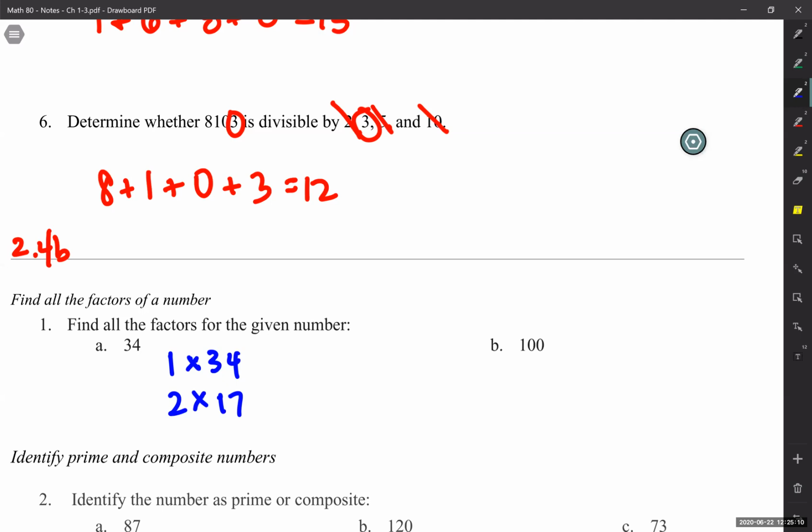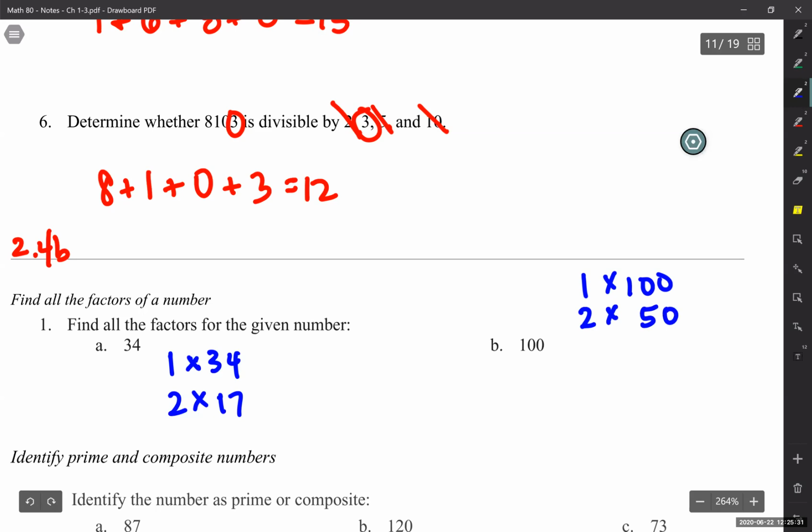All right, so then I have 100, and 100 is good because we know a lot of those already just because of money. So I'm going to start a little higher because I think this list will be a little longer, but 100 is 1 times 100. And what I like to do is go in number order. So I started with 1, now I'm going to do 2. 2 times 50 is 100.